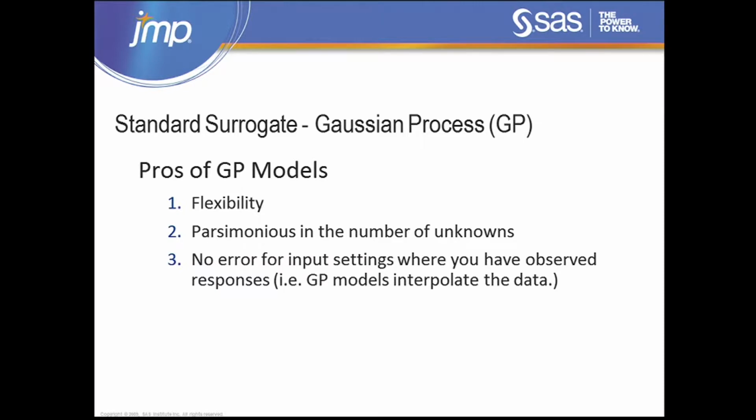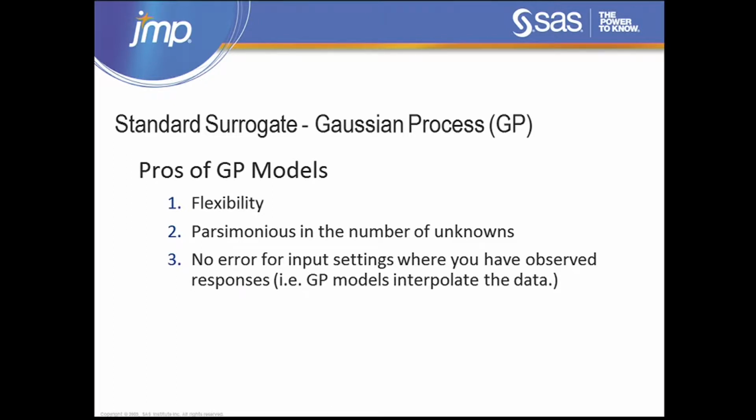If you look at the literature of computer experiments from the late 80s on, probably 99% of the actual reported applications use that combination, Latin hypercube designs and Gaussian process models. So of course, in JMP, there are Maximin Latin hypercube designs, and we also have Gaussian process models.